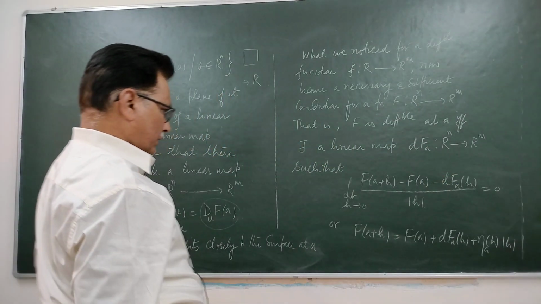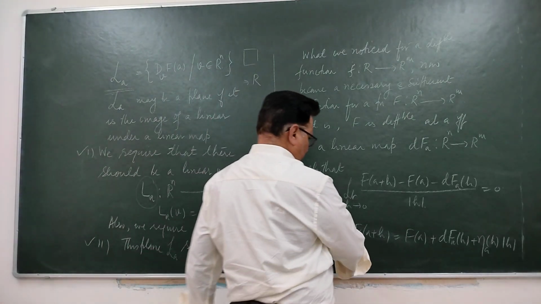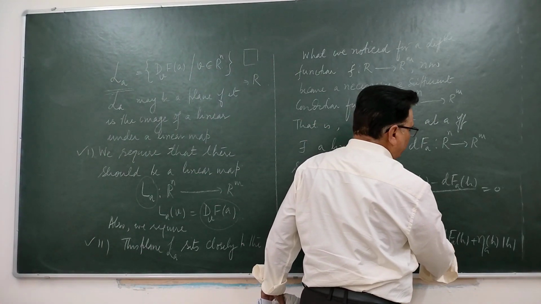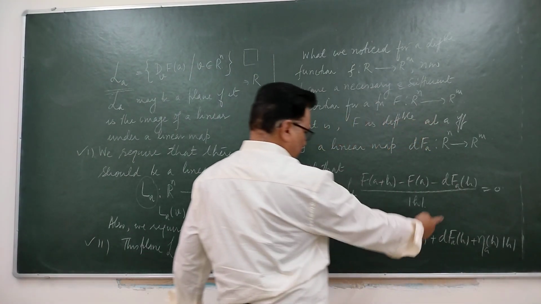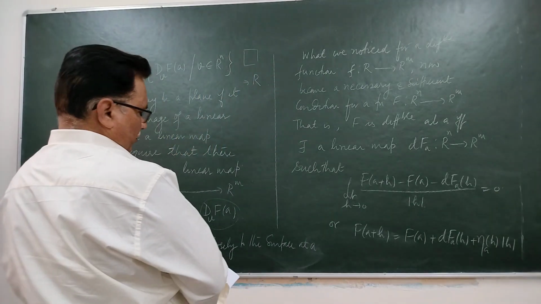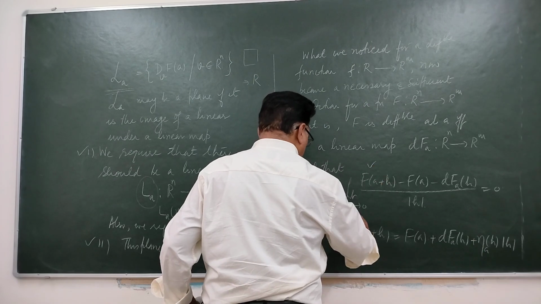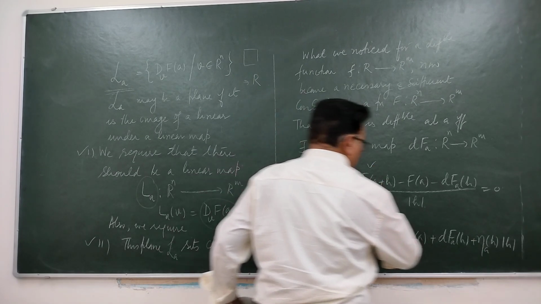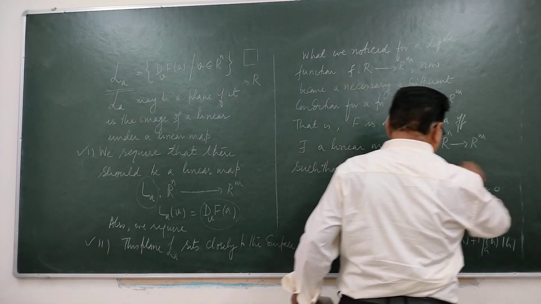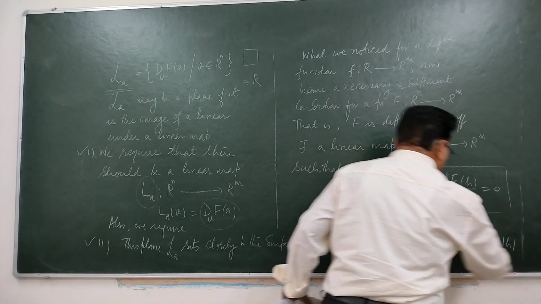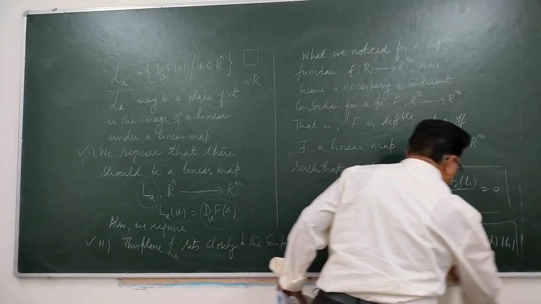If f is differentiable, there exists a Taylor series which consists of the linear map and a continuous map satisfying this Taylor formula. So now these two, either the first one or the second one, are the formulas for the function to be differentiable, the necessary and sufficient condition for the function to be differentiable.